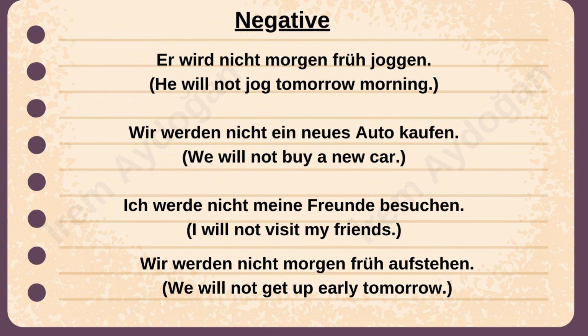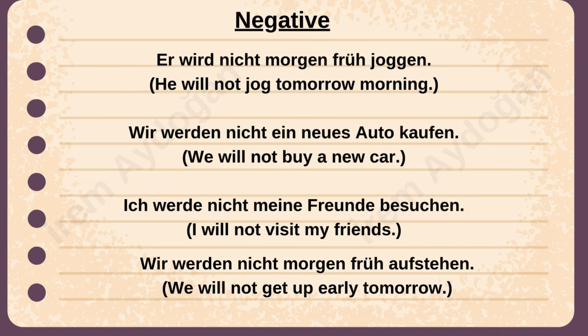Werde ich meine Freunde besuchen? Will I visit my friends? Werden wir morgen früh aufstehen? Will we get up early tomorrow? Be careful: if you use the auxiliary verb at the beginning, we get the yes/no question form, I mean the ja, nein, Frage form.